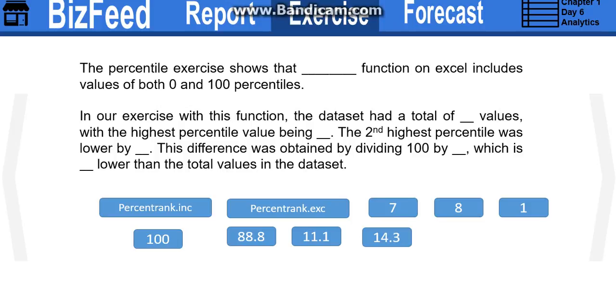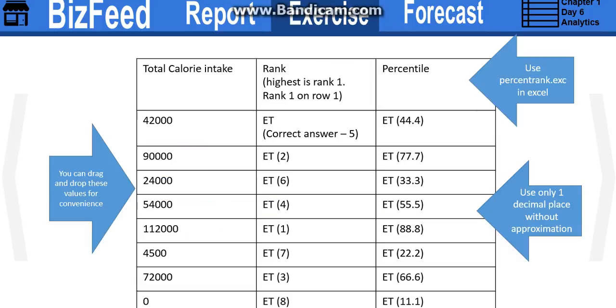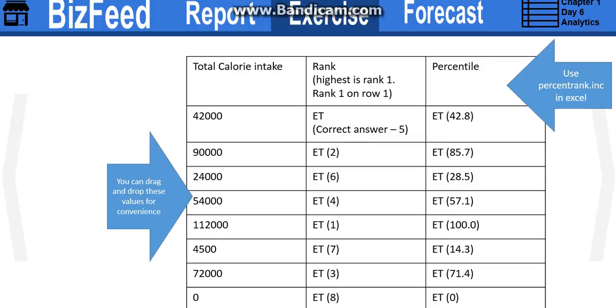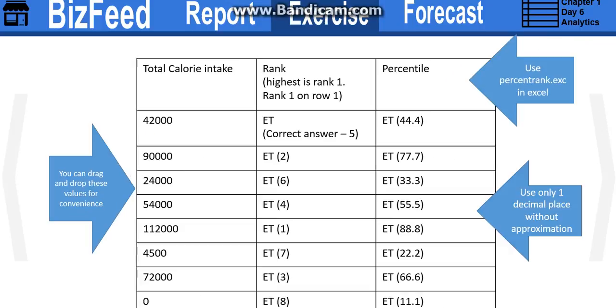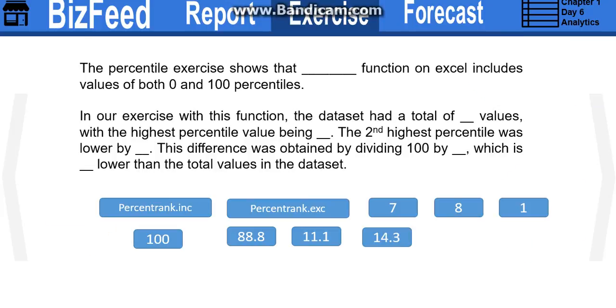The second highest percentile was lower by, if you see here, the highest is 100 and the second highest is 85.7, so it was lower by 14.3. So they can just drag this 14.3 and put it here.